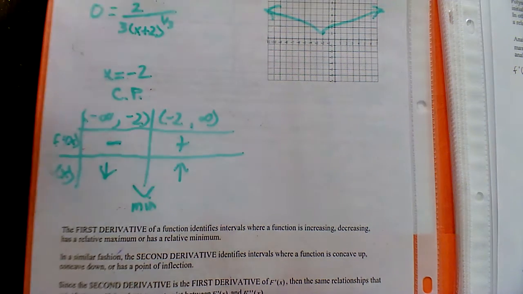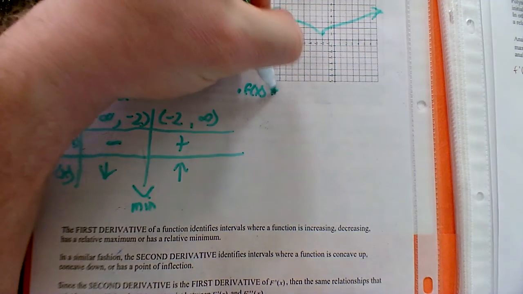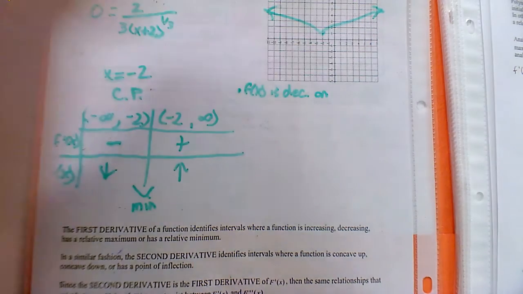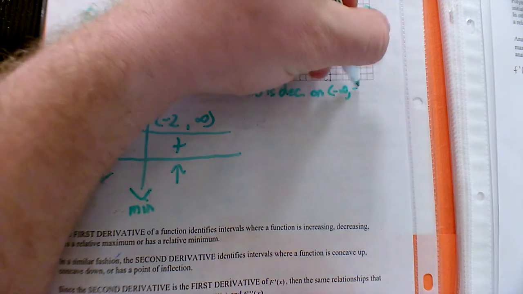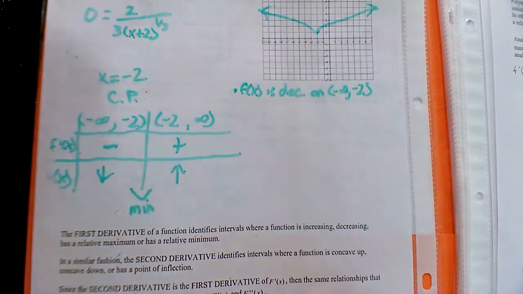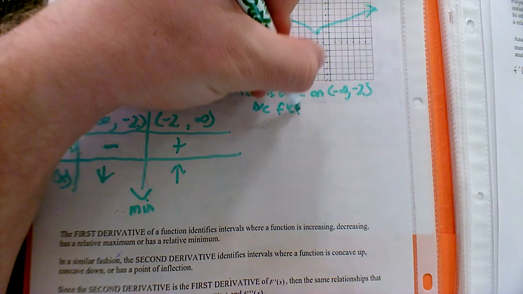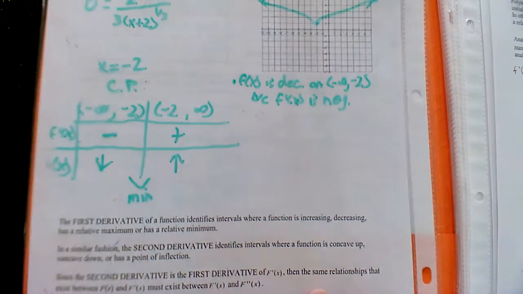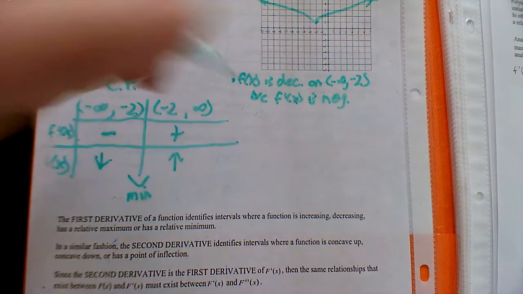But let's write out what we know. F of x is decreasing on the interval, well, you told me it was the interval -infinity to -2, because f prime of x is negative. So we know f of x is decreasing because the derivative is negative at that point.